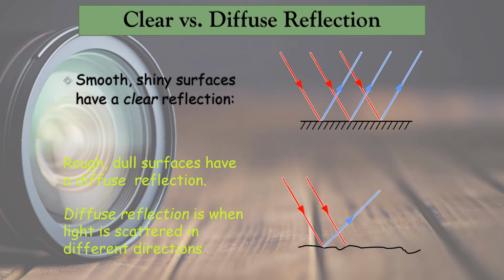So the diffuse reflection is when light is scattered in different directions. So this is an example of diffuse reflection. Okay, reflection दोनों सिनेरियो में होती है, but उसके जो टाइप्स है वो थोड़ा डिफरेंट होता है. ठीक है, I hope you have understood the difference between clear and diffuse reflection.